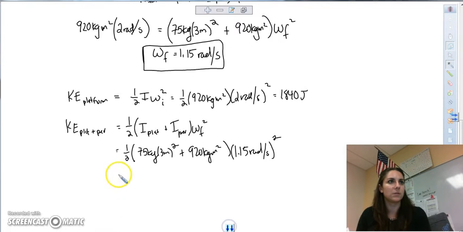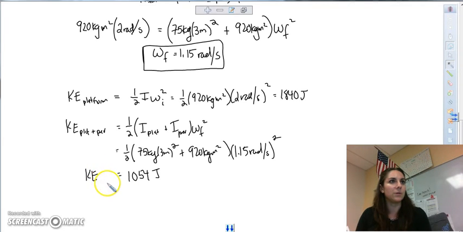If we solve this out, we get 1054 joules.